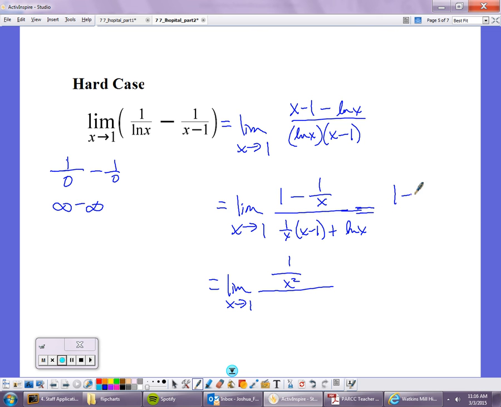This thing ends up being 1 minus 1 over x, just to make this easier. I'll distribute the 1 over x, so I get 1 minus 1 over x plus ln x. Now this is a lot easier. Okay, so derivative of 1 is 0, derivative of negative 1 over x is negative 1 over x squared, and I get derivative of ln x is 1 over x.